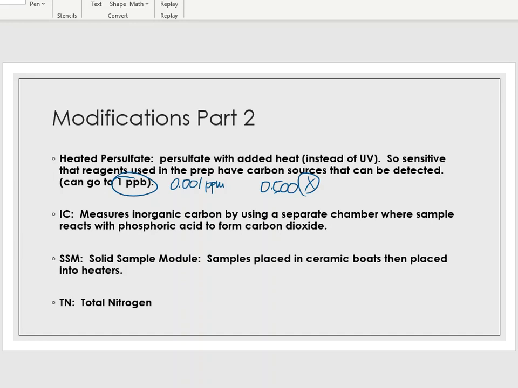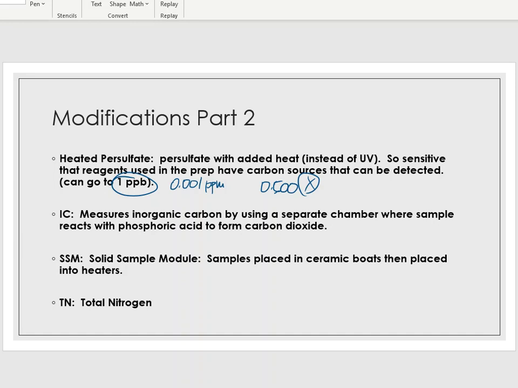The issue here, though, is that the heated persulfate option, as you can imagine, there's a lot of things that go on here, and the reagents carry carbon with it as well. And if you want to go that low, the issue is what kind of reagents are you going to use to ensure that no organic carbon is going to be present. Your reagents and your starting stuff have to be super, super clean if you want this super, super low number.